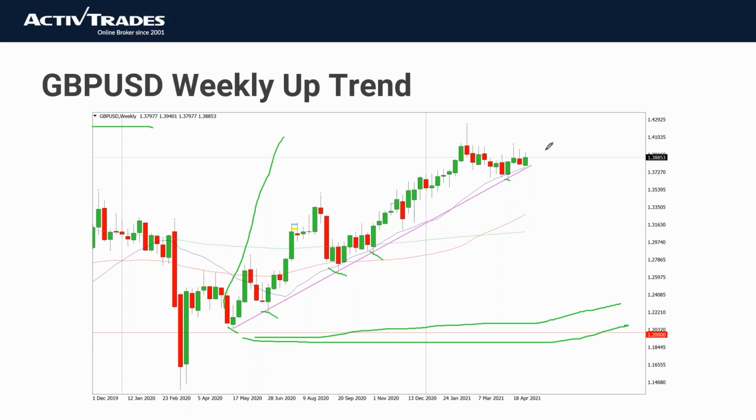It's about a 45-degree angle, which is nice. That gives us an idea that the trend is just chugging away nicely, working its way nicely, and that's what we particularly like to see. That's our preference. We don't always get what we particularly want, but you'll see that happens.